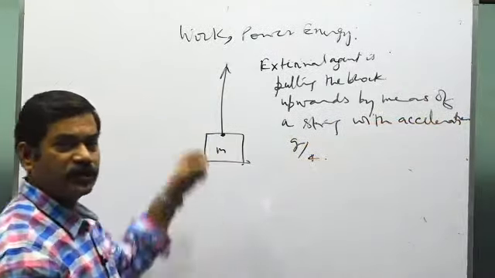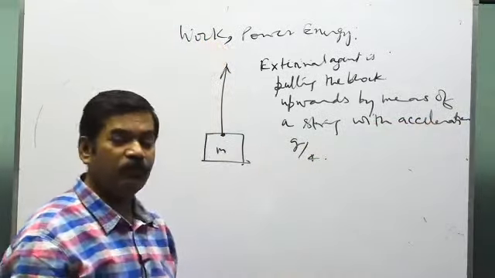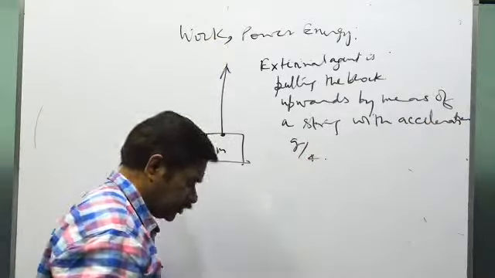So by means of a string, some external agent is pulling the block upwards with an acceleration g/4. With an acceleration what? g/4.